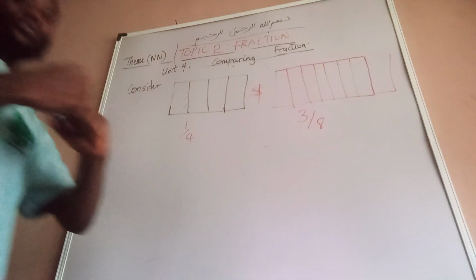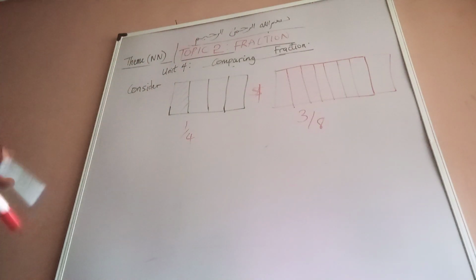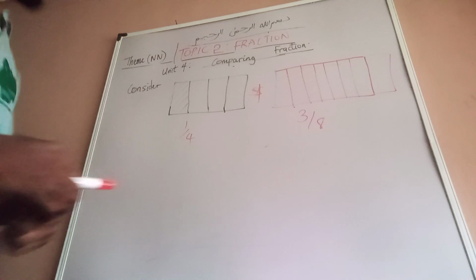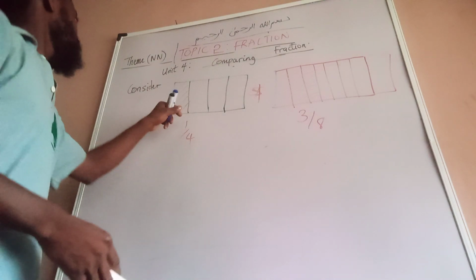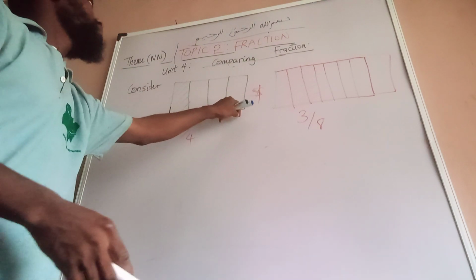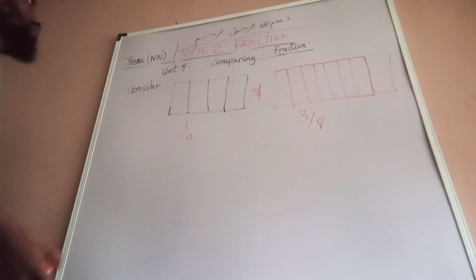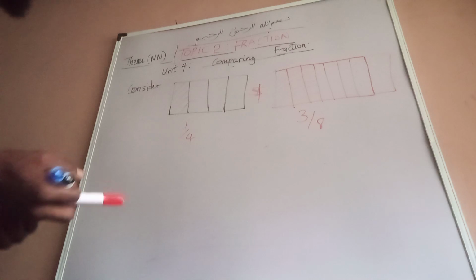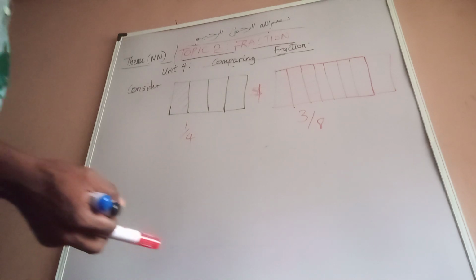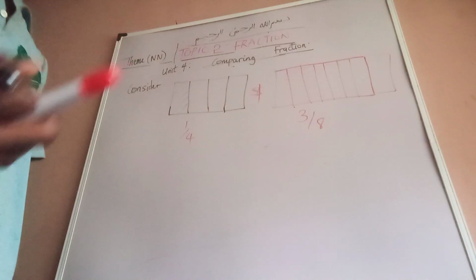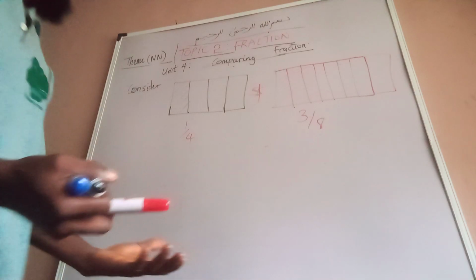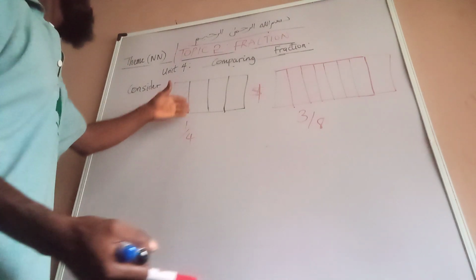Now, based on this, when looking at it, which one is bigger? Which one is smaller? So here is 1 out of 4, and here is 3 out of 8. If you are to judge it by looking at it, this one now, I have 8. It's like saying we should multiply this one by 2.